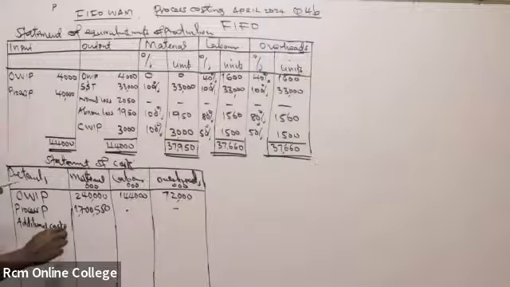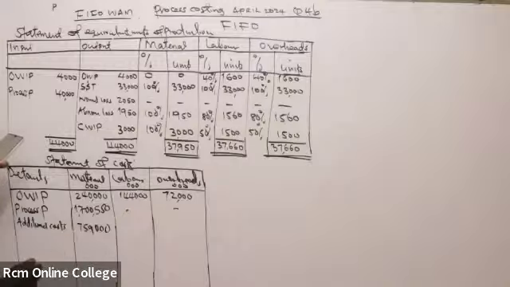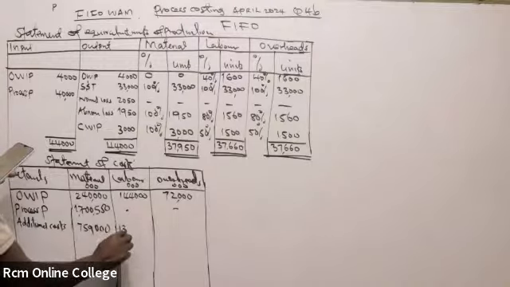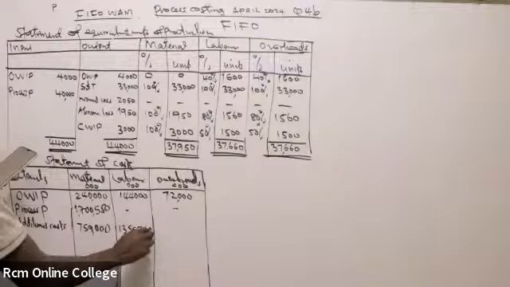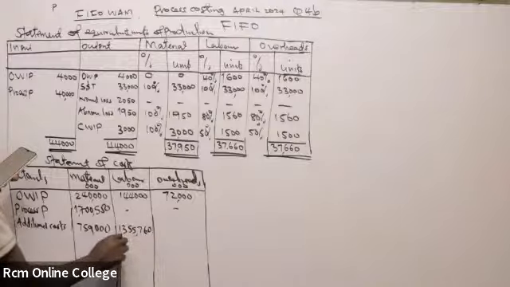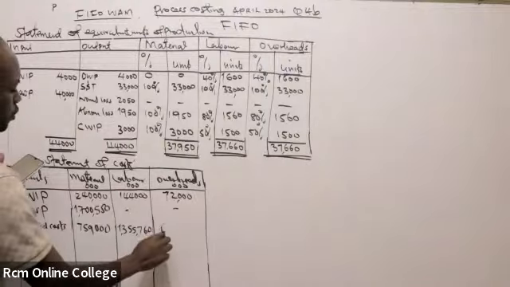We have 759,000, 1,355, 760. Now they are in thousands. Then we have 640,020.